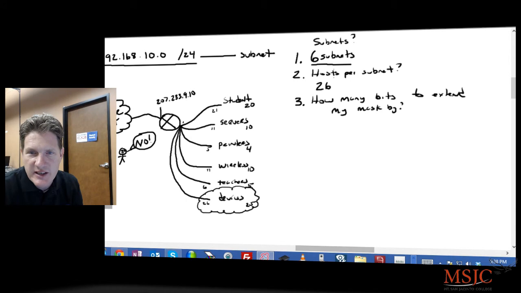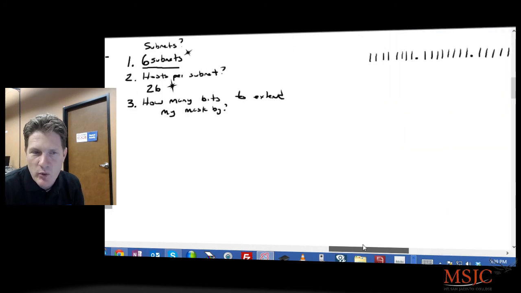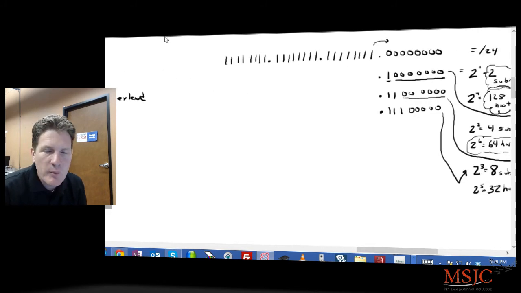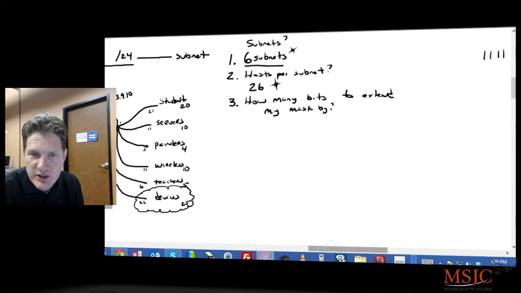Yes, it will, because I need 6, I figured that out, and I need 26 hosts per subnet. I figured that out. And in this case, I have 8 subnets and 32 hosts, so that will work. So how many bits am I going to extend my mask by? The answer is 3. So I'm going to go 1, 2, 3. So the answer to this question is 3.